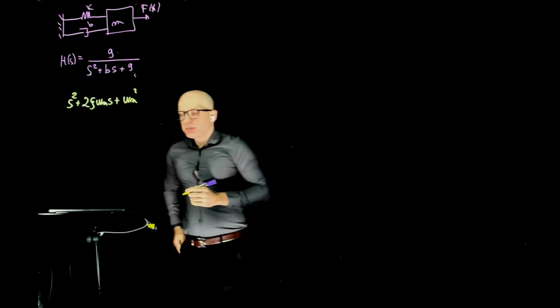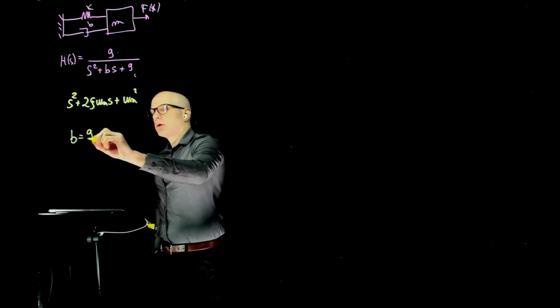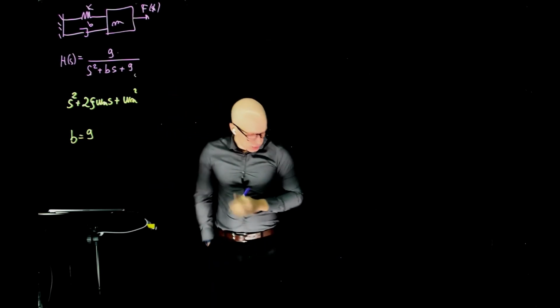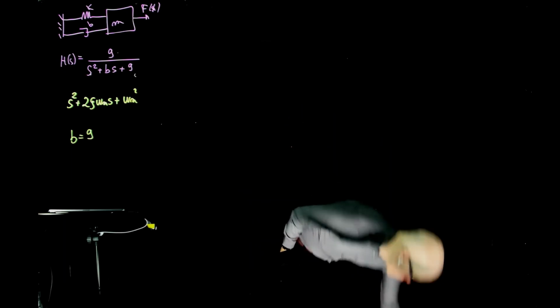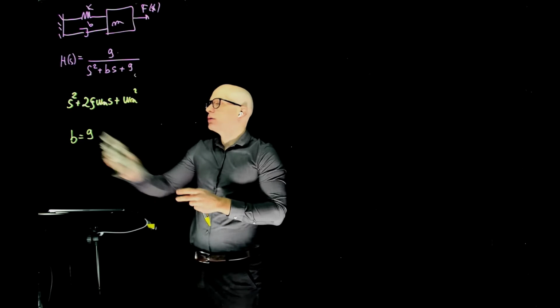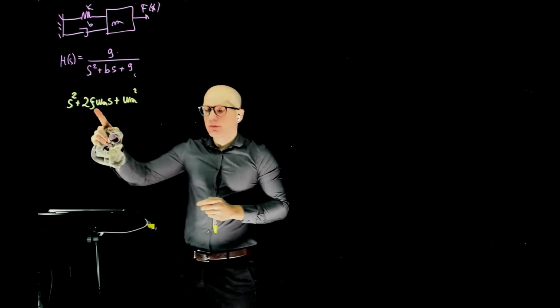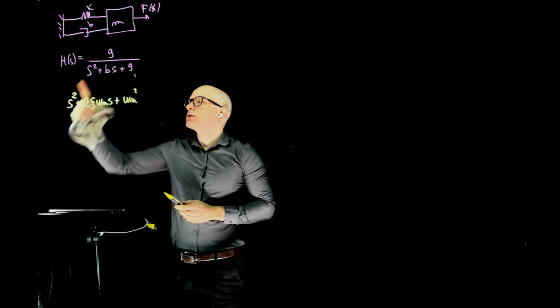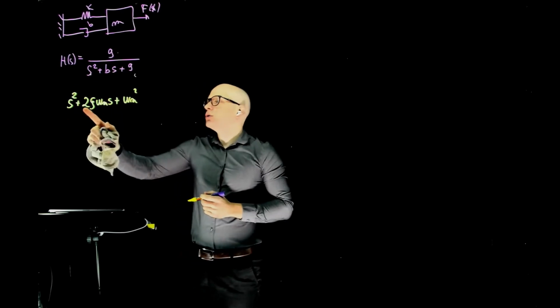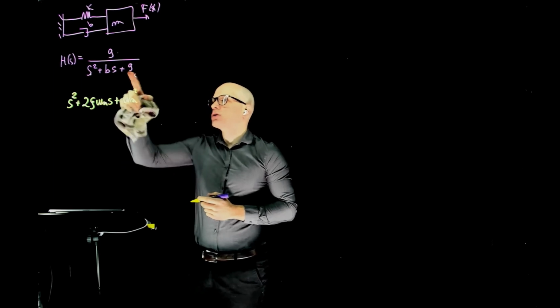In the first case, b equals 9. When b equals 9, what is the damping ratio and what is the natural frequency? Well, the natural frequency doesn't depend on b, because we can directly compare these two formats. You see that I have 1 times s squared, 1 times s squared. 2 zeta omega n equals b, and omega n squared equals 9.